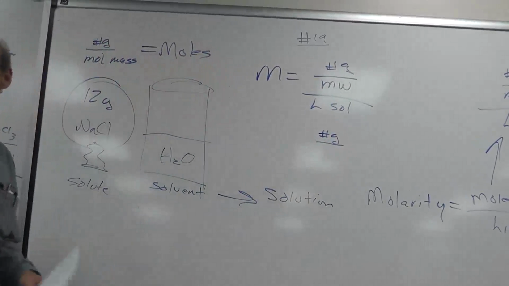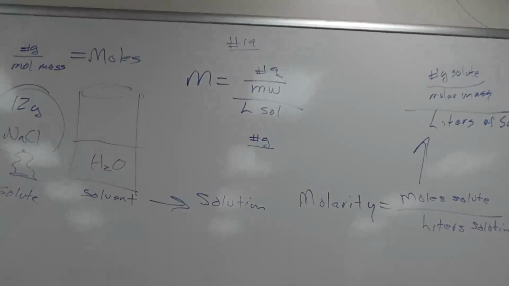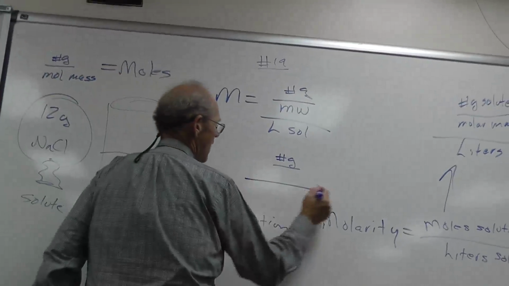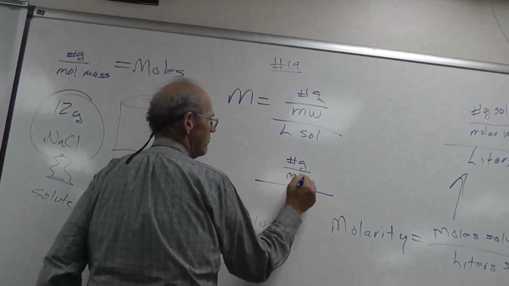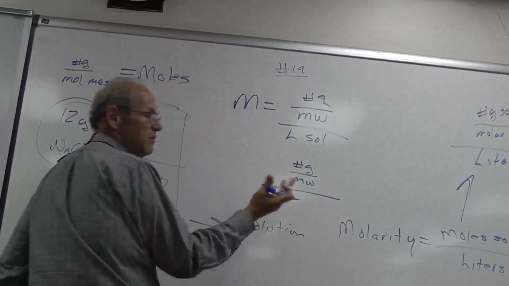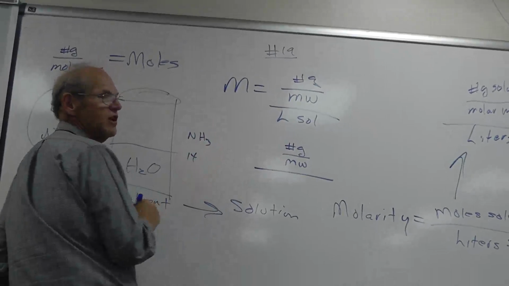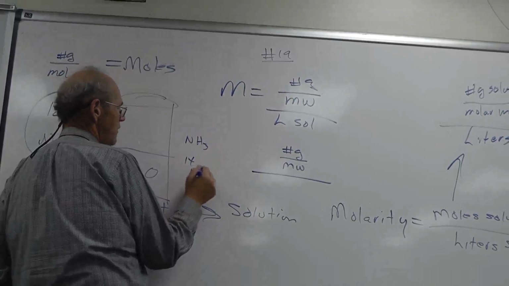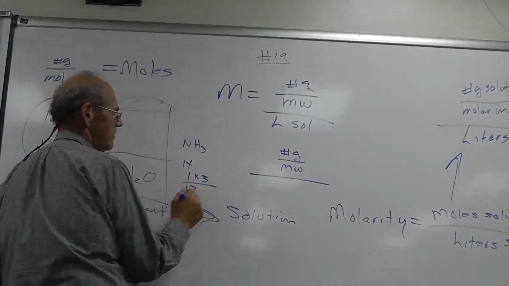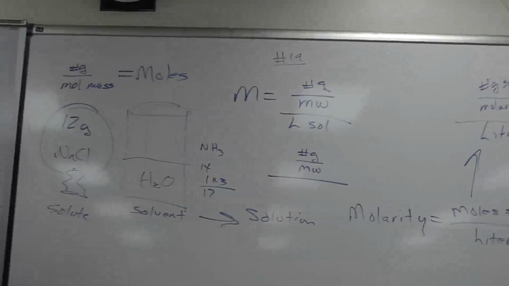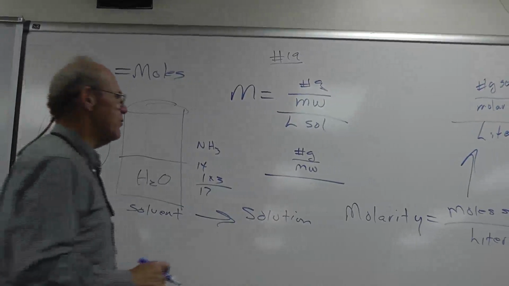What mass of ammonia is present in 275 milliliters? Well, I can calculate the molecular weight of ammonia, okay, because you know it's NH3, 14 for the nitrogen, 1 for the hydrogen times 3. We'll just call it 17. That rounds pretty good. Okay, it might be 17.01, but you probably get away with 17 pretty well.